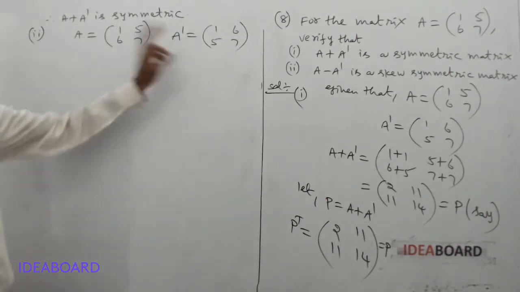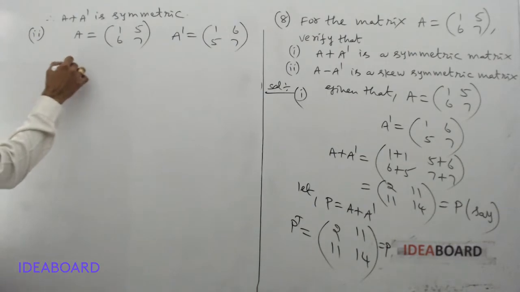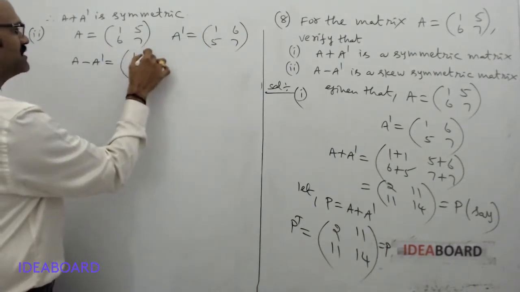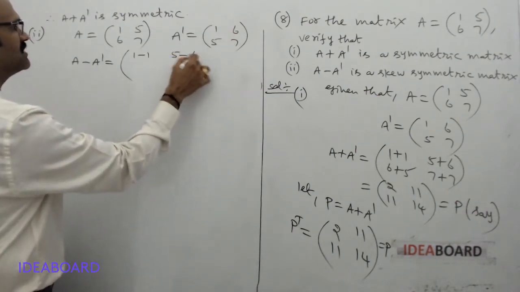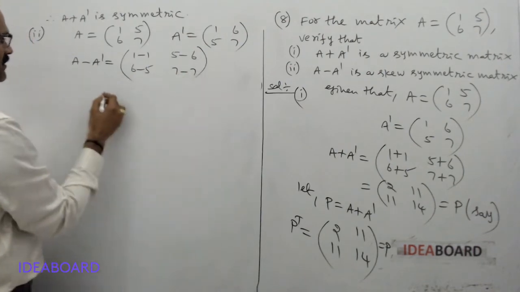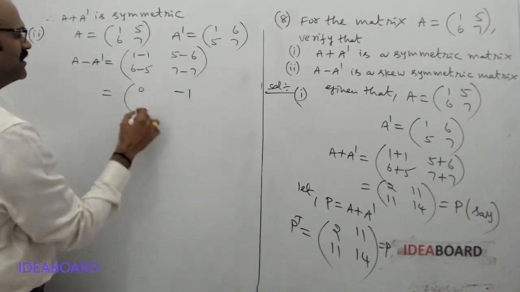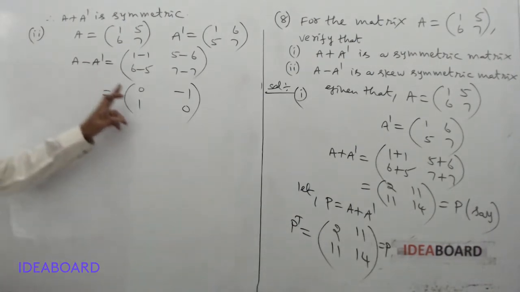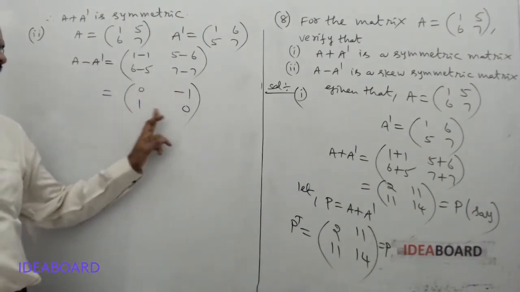Now A minus A transpose equal to 1 minus 1, 5 minus 6, 6 minus 5, 7 minus 7, equal to 0, -1, 1, 0.